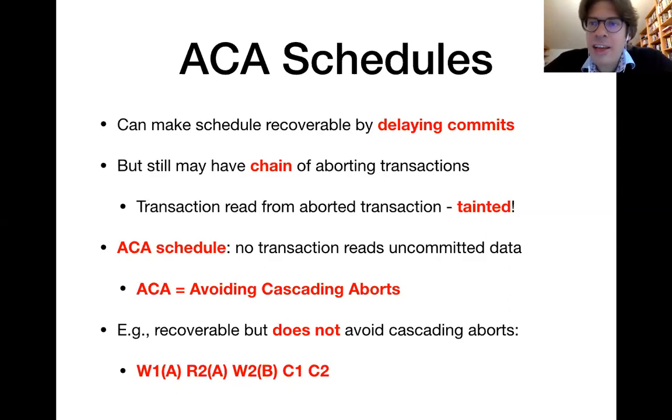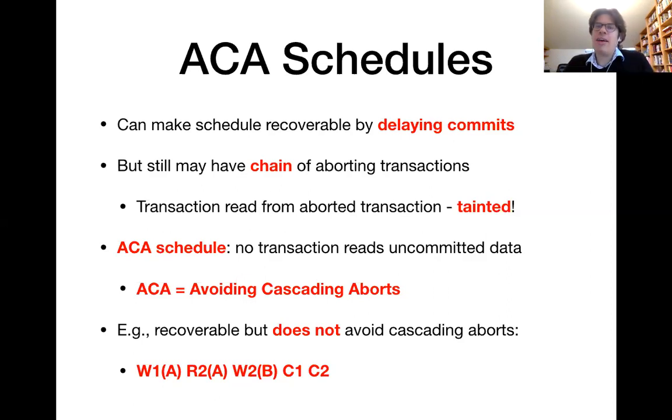That is something that we want to avoid for performance reasons, because if we have a long chain of transactions where the first one aborts and that causes all the other ones to abort too, that creates huge overheads to the database system. So that's why we're interested in creating schedules that avoid cascading aborts, also called ACA schedules.